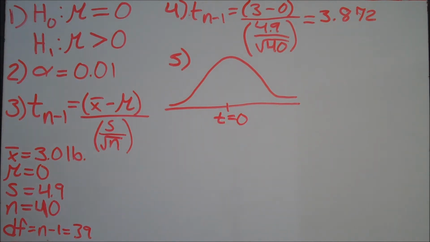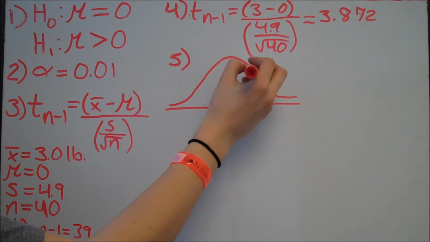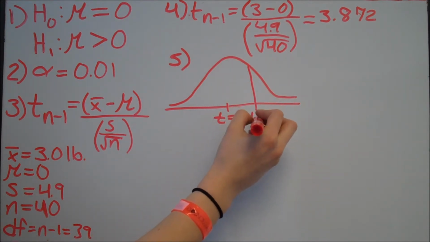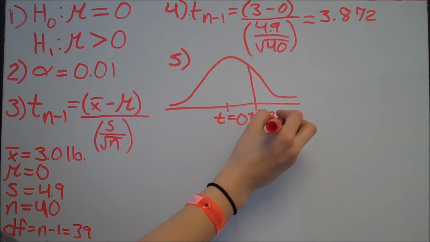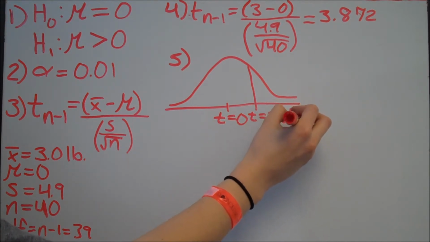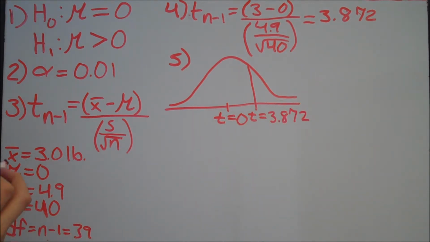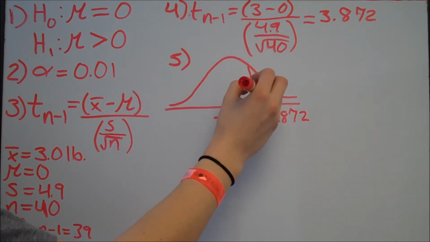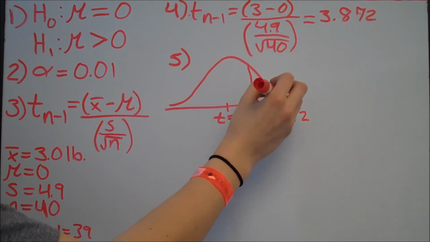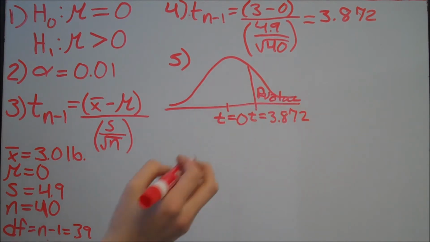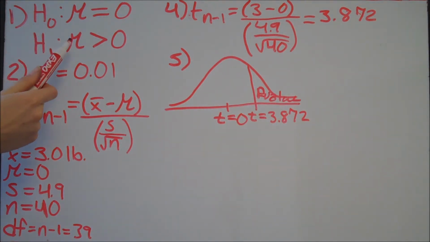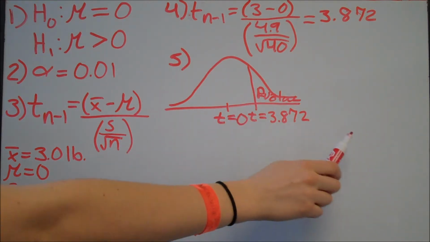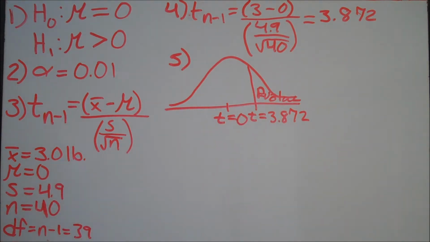Then we put our test statistic on here, over here because it's greater than 0, t equals 3.872. Everything on this side of our test statistic will be the p-value, because if we look back at our alternative hypothesis, it says that mu is greater than 0, so it's going to be on the greater than side of the graph.